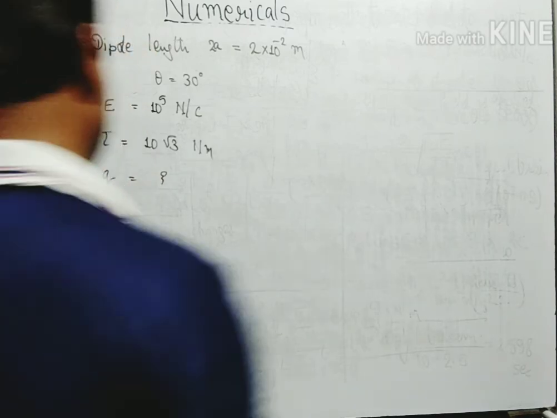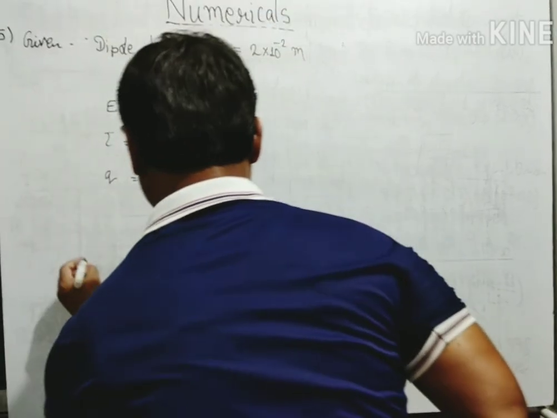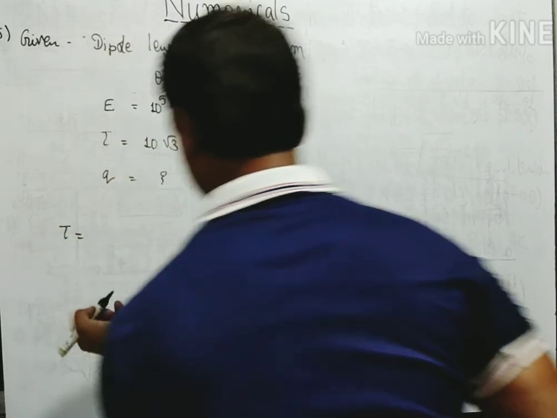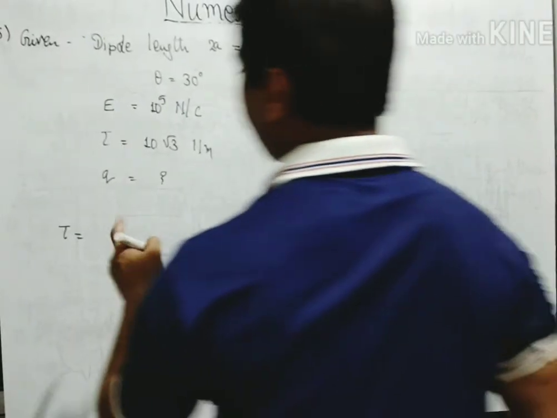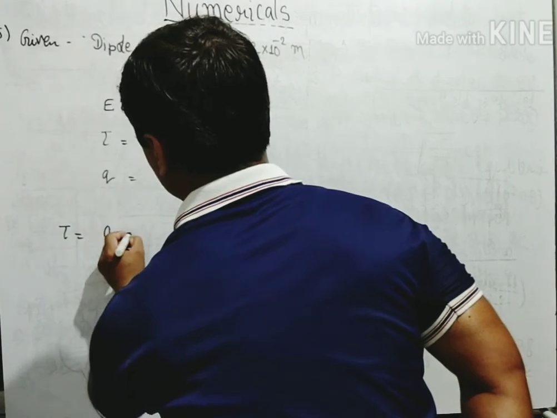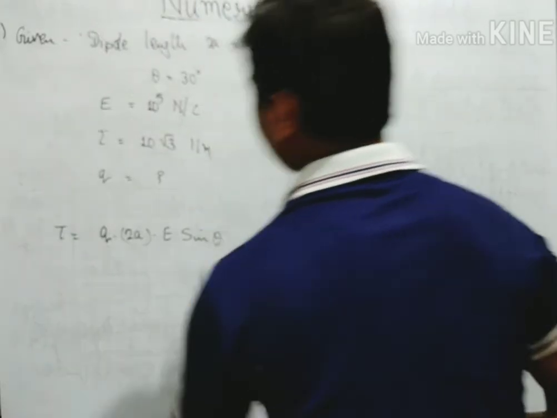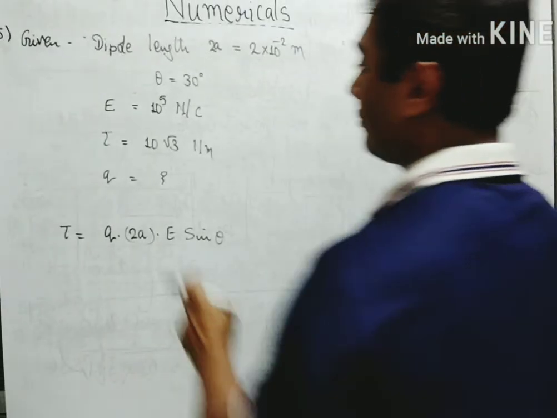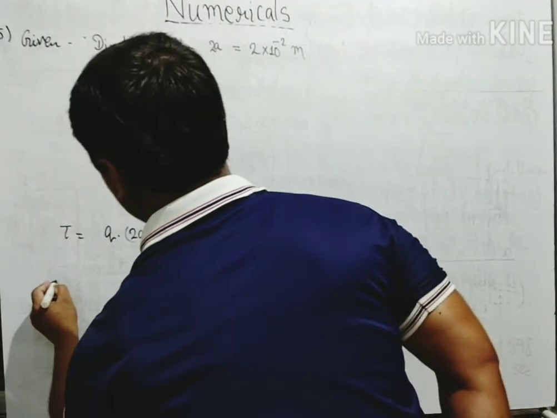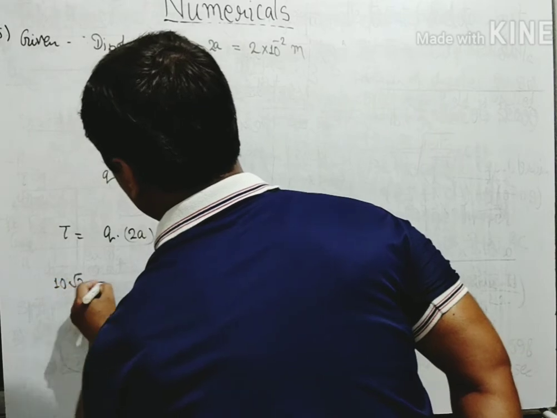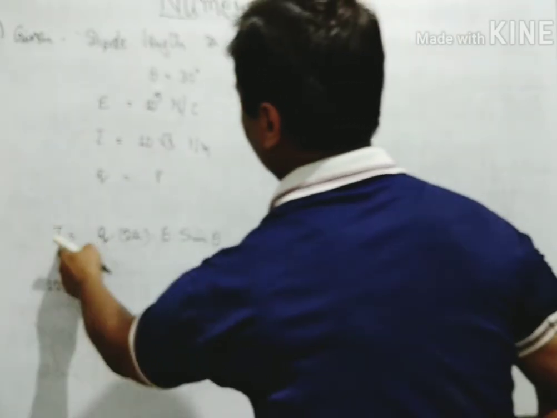So let's directly proceed. As we have the formula with us, tau equals P E sin theta. For P we are writing Q into 2a into E into sin theta. Now place the values. 10 root 3 is the value of tau given in the question.